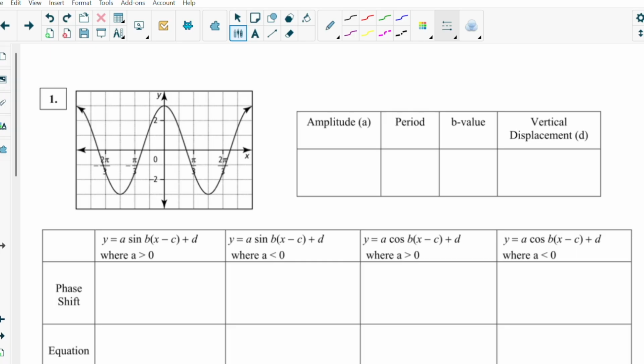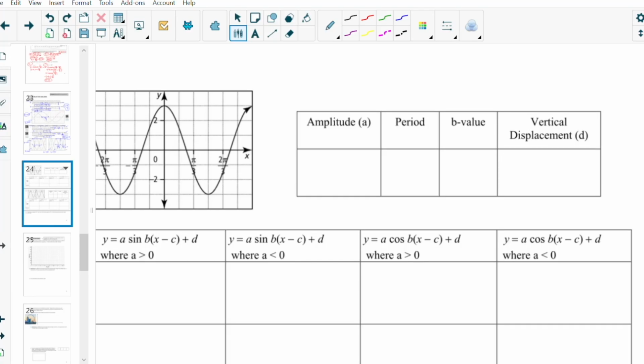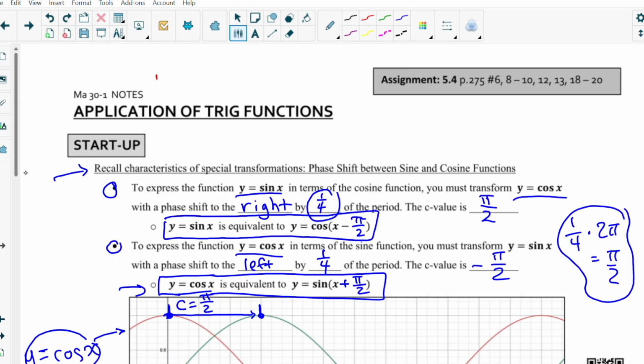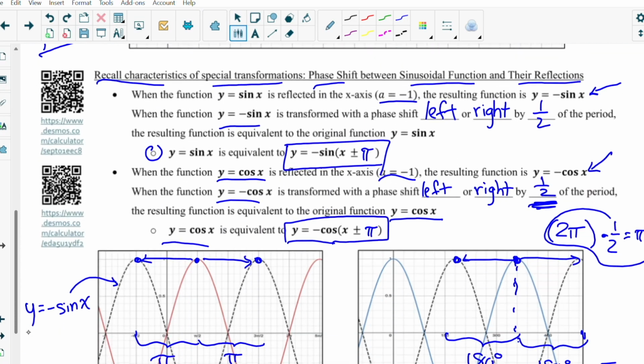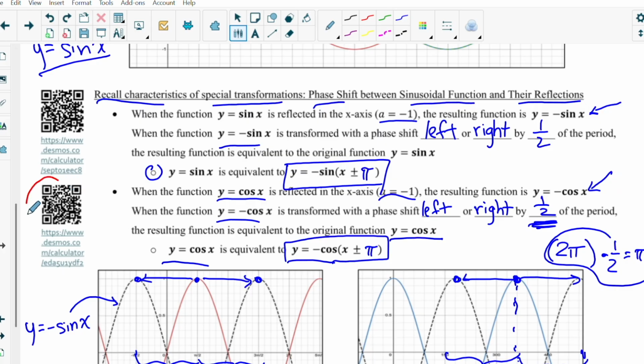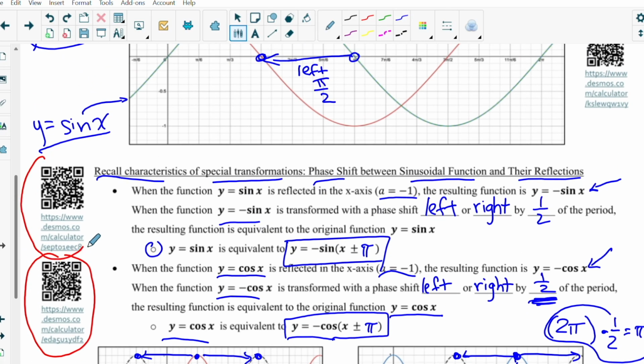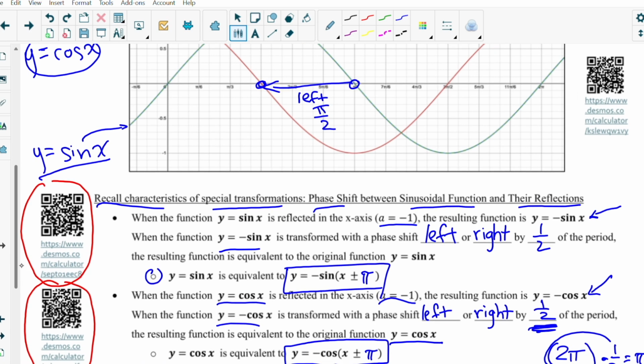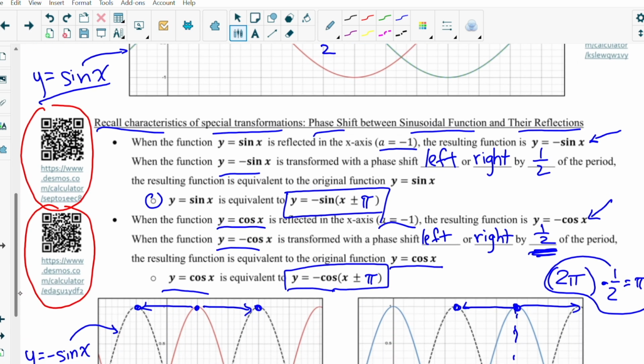All right, let's try these 3 practice problems before we hit our applications. I do have to mention from the previous page, we went over these wonderful relationships. If you need help visualizing these, go back into your notes and hit these QR codes or these links. These are Desmos links, right?